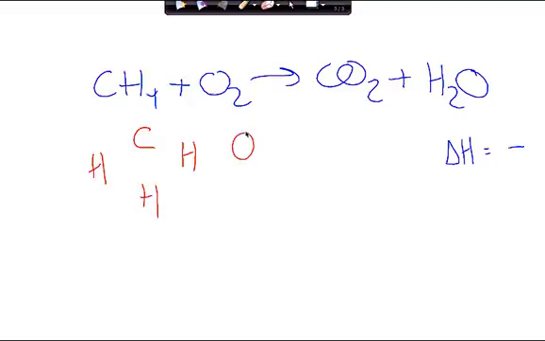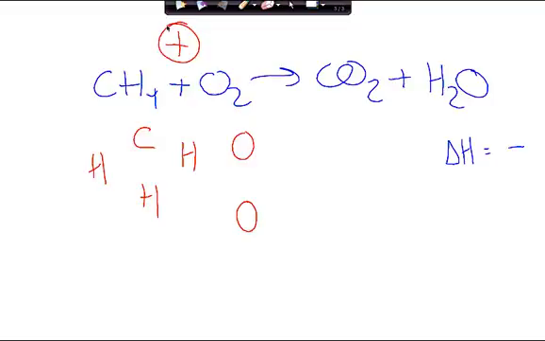This has got to turn into oxygen, oxygen. They've got to break apart. And when they do, is that endo or exothermic, given what you just learned? Endothermic. That's a positive process. Energy goes in to break the bonds.